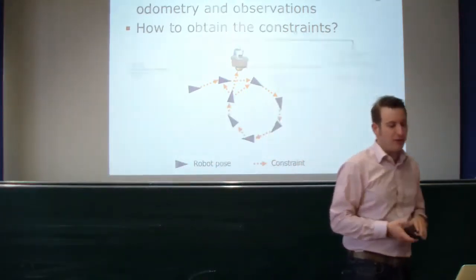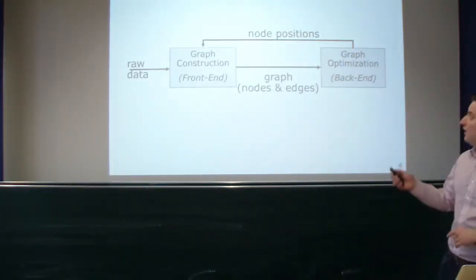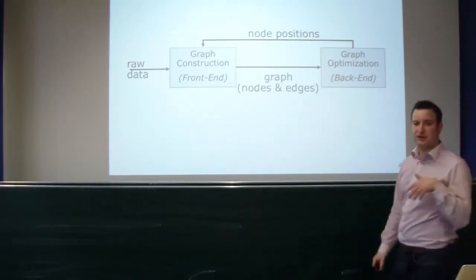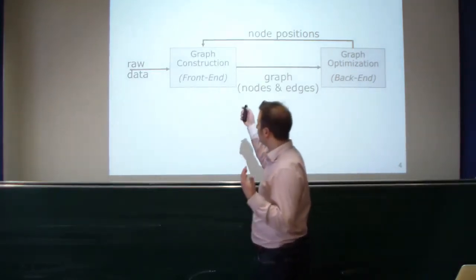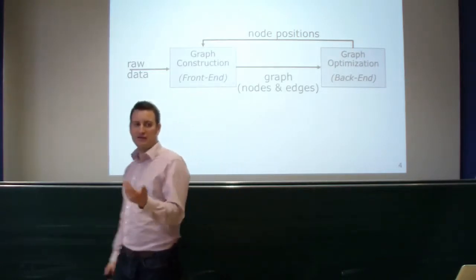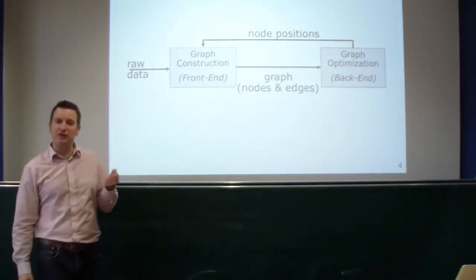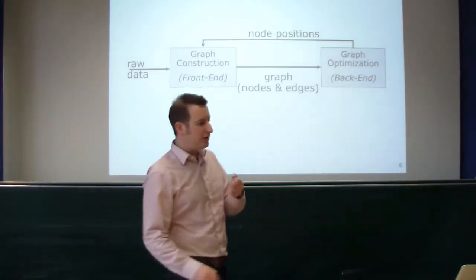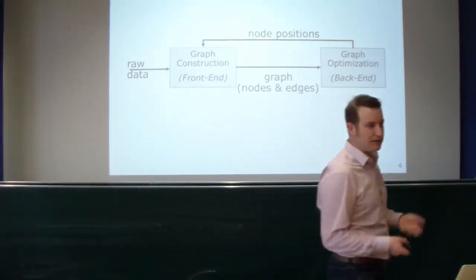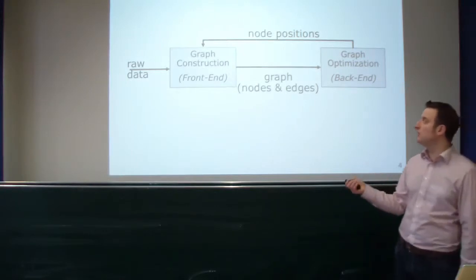And I also told you once that you typically have this interplay between front end and back end, so that we have the front end which takes the raw sensor data as the input, and therefore this depends on the really raw sensor information. So for every sensor that you're using, for every camera, for every different type of laser scanner, you actually need to implement a new front end.